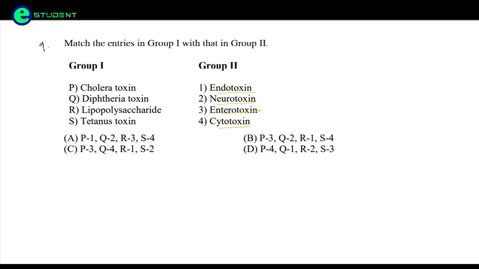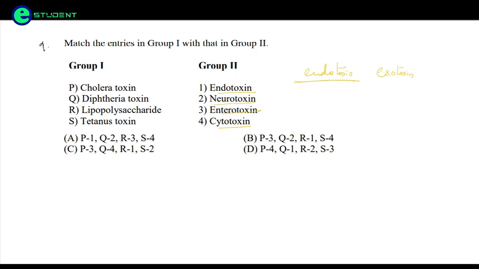First we'll understand that there are basically two types of toxins: endotoxin and enterotoxin. I'm so sorry, it is endotoxin and exotoxin.